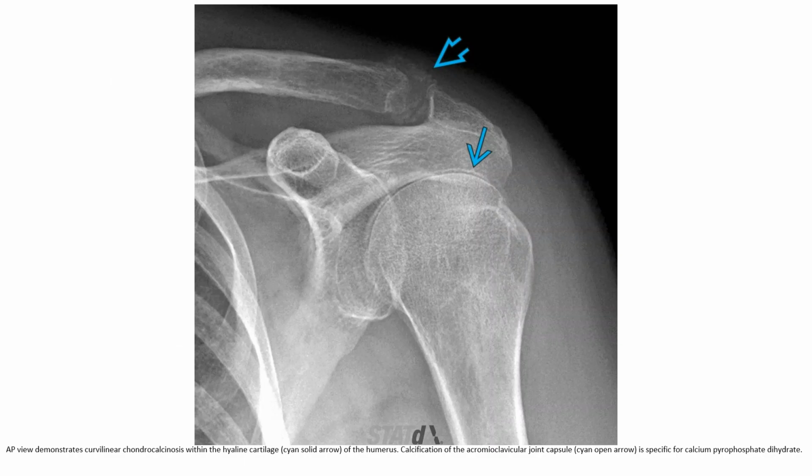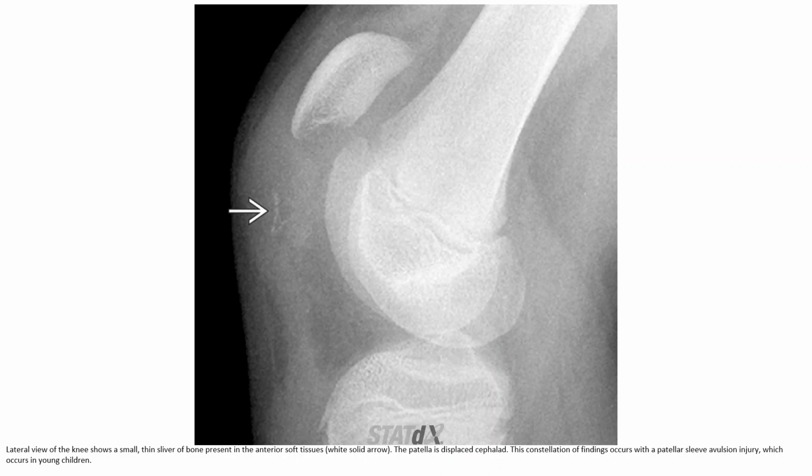The AP view demonstrates curvilinear chondrocalcinosis within the hyaline cartilage of the humerus. Calcification of the acromioclavicular joint capsule is specific for calcium pyrophosphate dihydrate deposition. The lateral view of the knee shows a small thin sliver of bone in the anterior soft tissue.